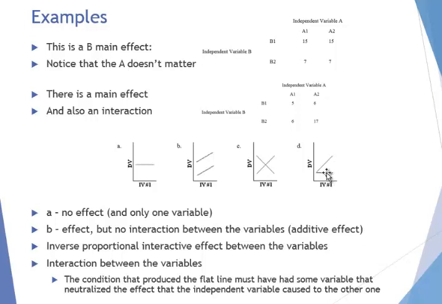So there had to have been some factor that neutralized the relationship between the two, or there has to have been some sort of interaction between the variables. This D chart is something like this chart over here, where under B1 there was very little distinction between A1 and A2, whereas under the B2 condition there was a huge difference between A1 and A2.